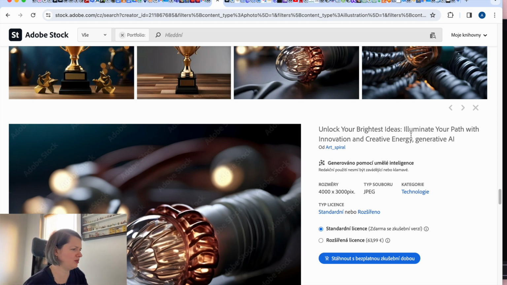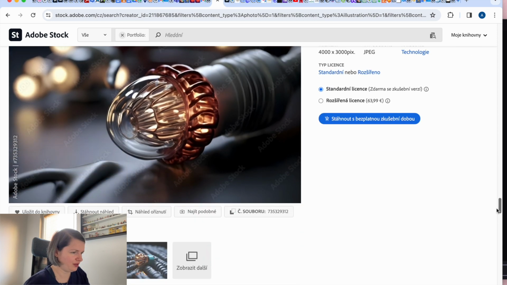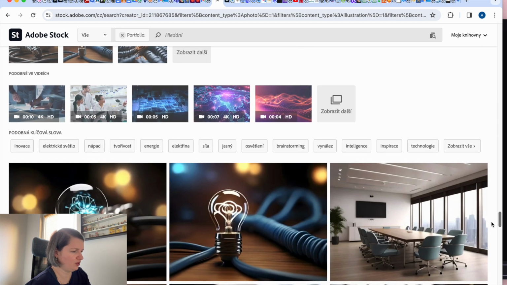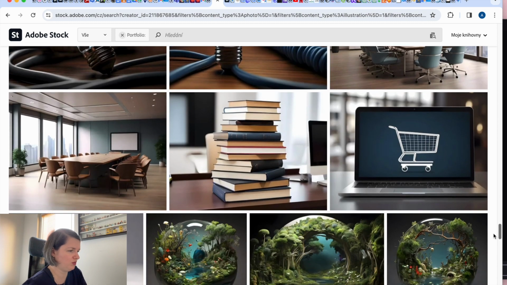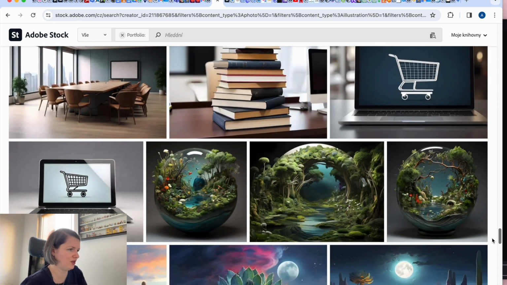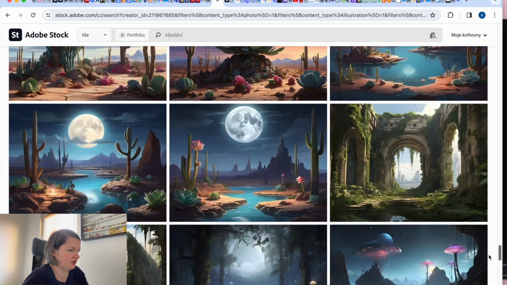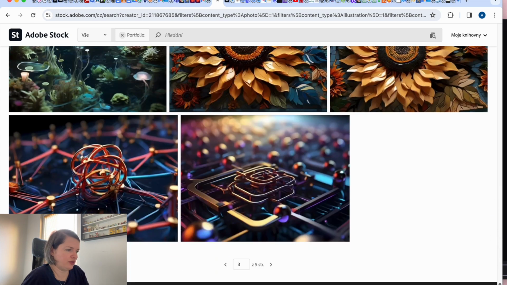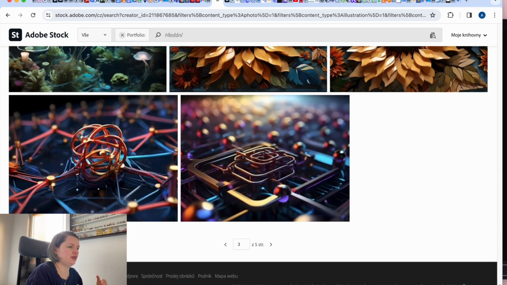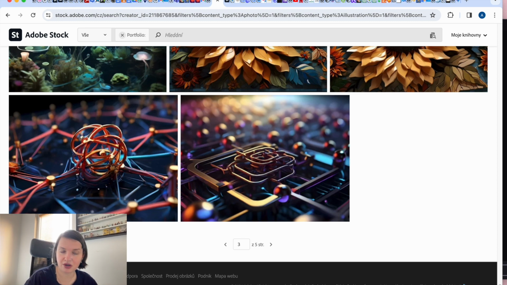Again, I will not search for it now on Adobe, but you can try, and you will find plenty of images that are way better than this one, and that you would read exactly what they are supposed to tell us. All right, so as I said, I don't want to go picture by picture. I think this was enough for you to get a grasp of what is wrong.